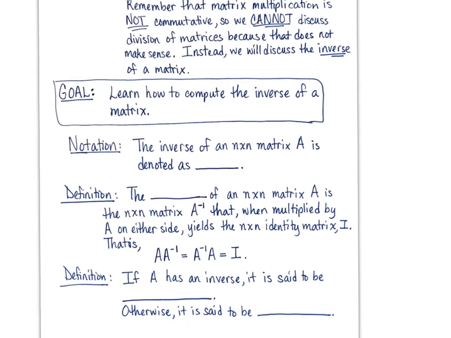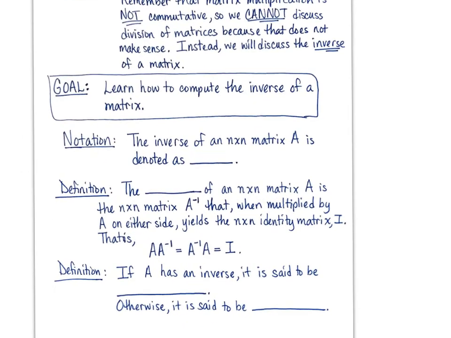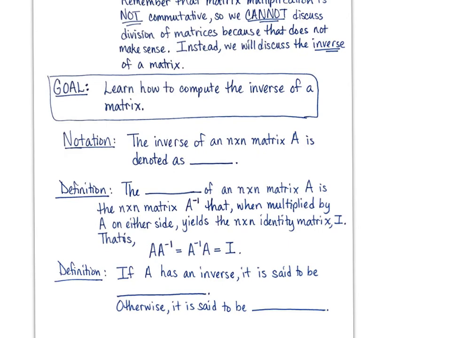So let's start there. Notation: the inverse of an n by n matrix. Notice that n by n means it's what kind of matrix? A square matrix, good. The inverse of a square matrix A is denoted as A raised to the negative 1, which we read as A inverse.